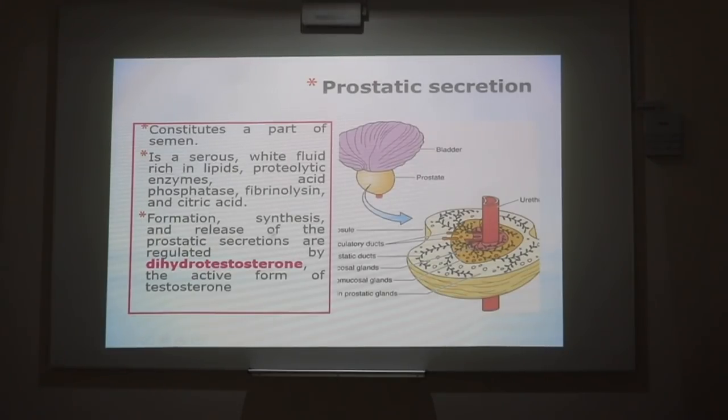The formation and synthesis of the secretion of the prostate gland are under the control of the dihydrotestosterone, and that's why when we have the prostatic hyperplasia, when your prostatic glands increase in size or hypertrophy under the action of the dihydrotestosterone, you give drugs which are going to block the conversion of the testosterone into dihydrotestosterone.